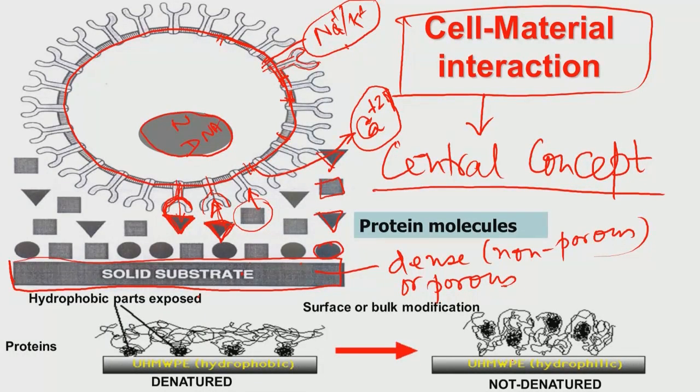Once the surface becomes hydrophilic, either by surface or bulk modification, the same protein molecules are not denatured anymore. This denatured and not denatured state is important, because if the proteins are denatured, they cannot effectively contribute to the interaction with the cell surface receptors. So, it is important for the protein molecules to retain their original conformation, so that they express their desired function.